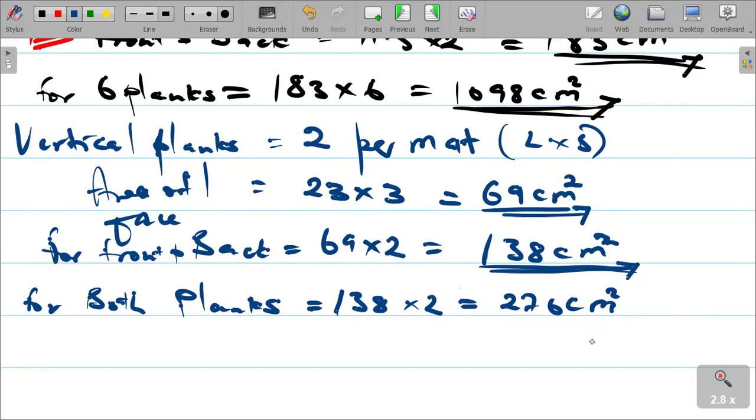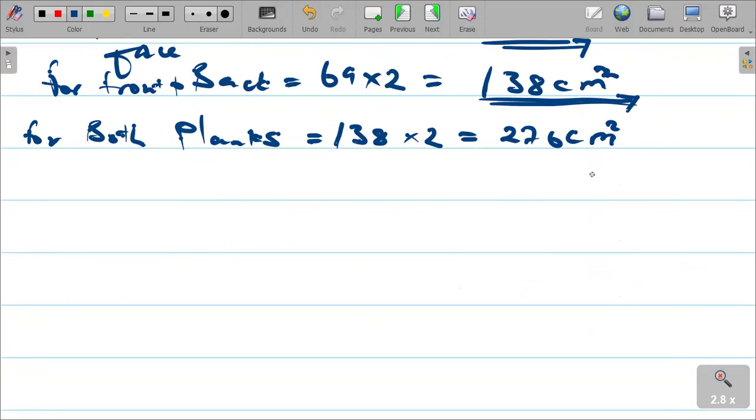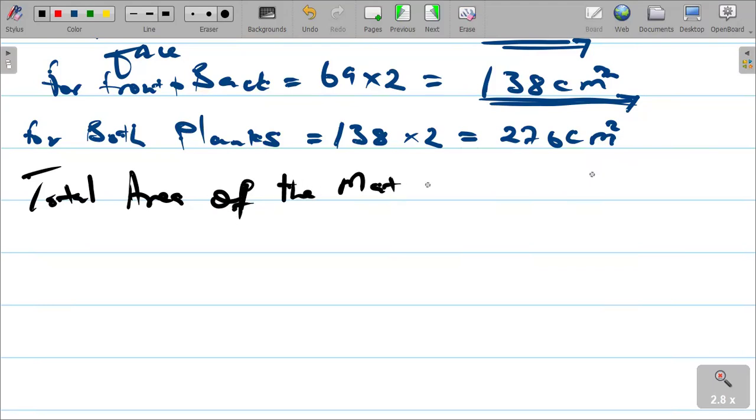The total area of the mat is equal to horizontal plus vertical.